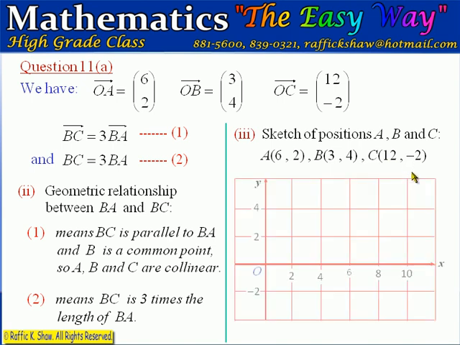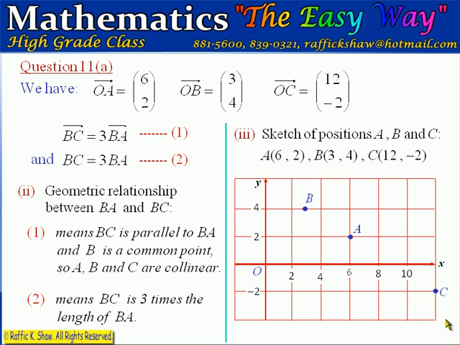And we can go ahead and show the graph and put those points in. And so A is the point (6, 2), that's here. B is the point (3, 4), that's right here. And C is the point (12, -2).